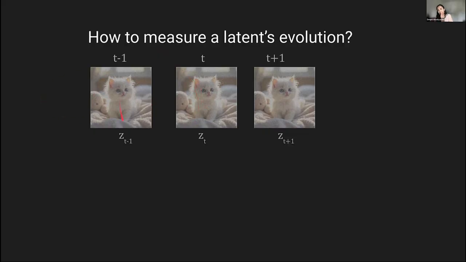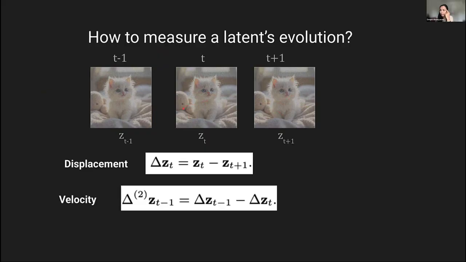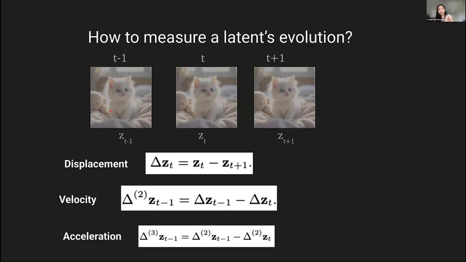This is the latent at the previous time step, t minus one, and t plus one, which is a future latent. Displacement is just the first order difference between the t plus one and t latent. Velocity is the rate of change of displacement, and acceleration is the rate of change of velocity. So we are still operating with finite order differences in the latent space.